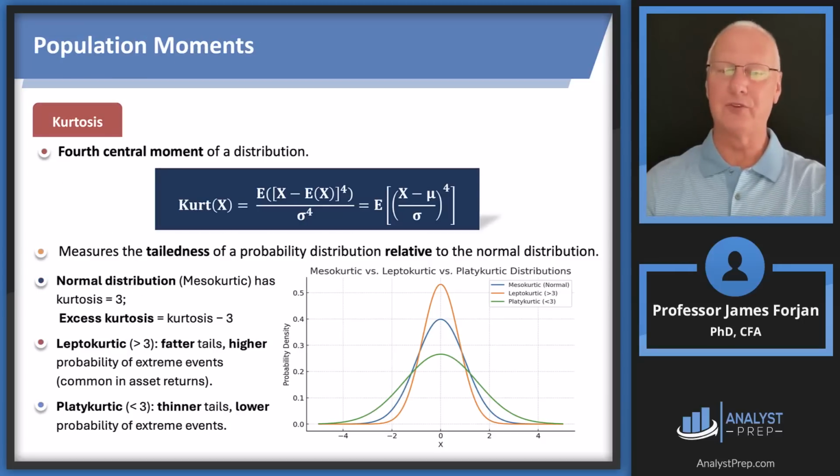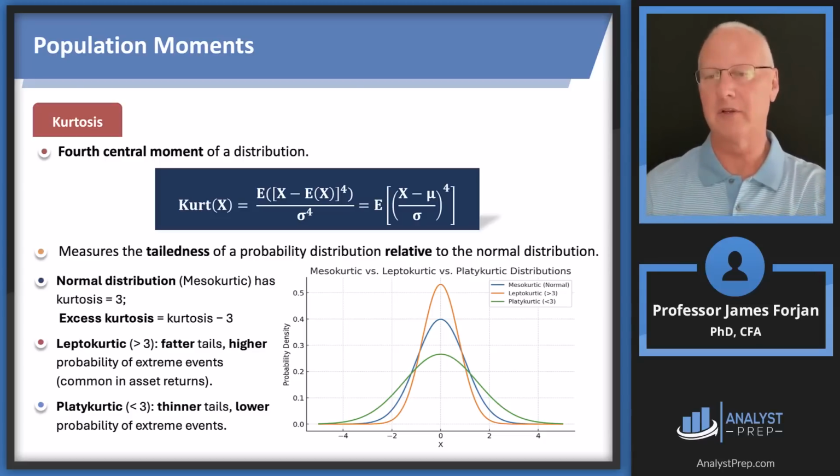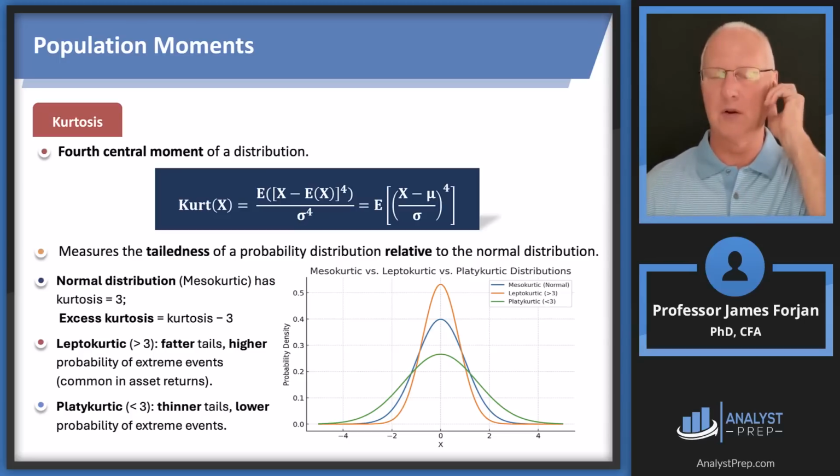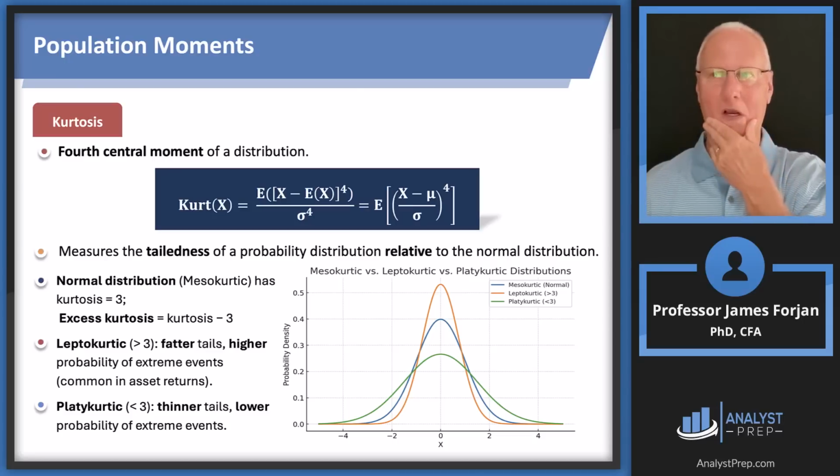Oh, by the way, this is super important. Notice in those bottom two bullet points: higher probability of extreme events, lower probability of extreme events. This is a great exam question where GARP could say, let's go back to 2007 and pretend that everything is normal for the next year or so.